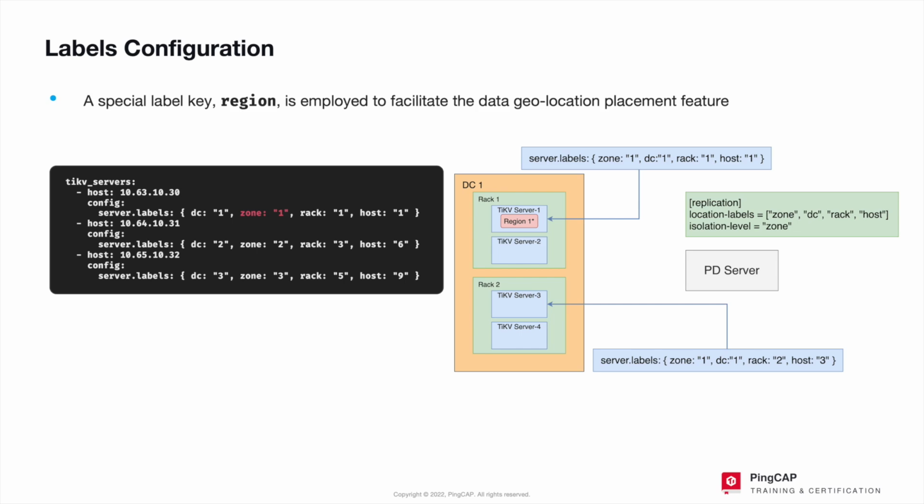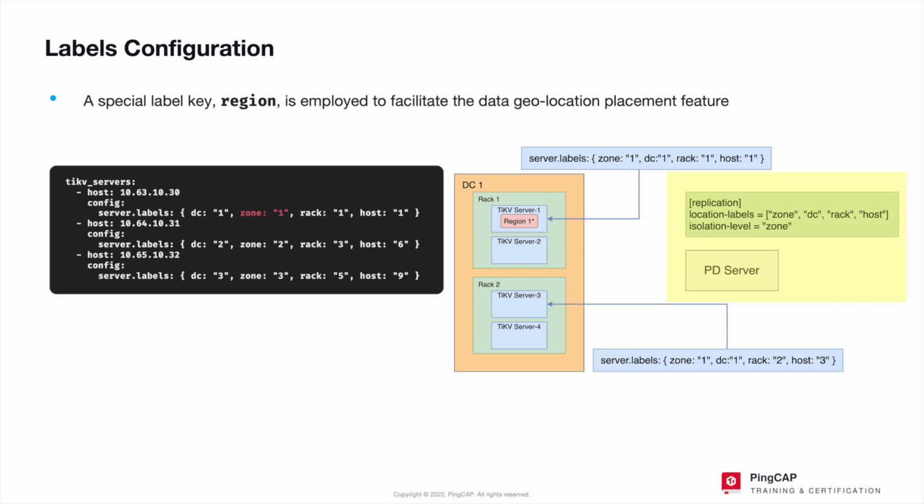Now that we understand what labels do, let's take a look at how to set them. First, in the PD node, we need to identify the format information of the label. That is, the source information as follows. So here's an example. We have replication, we have location labels, and then our parameters include DC, zone, rack, and host.